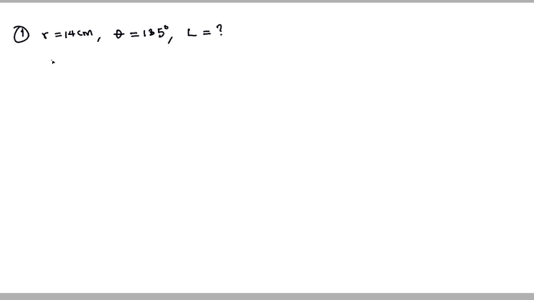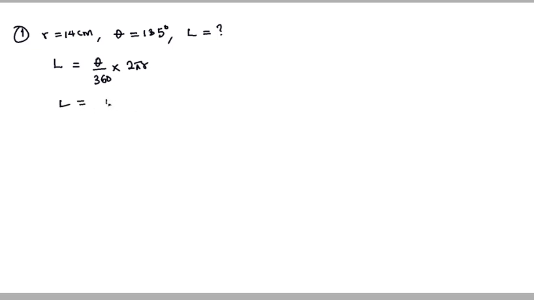The length of the arc, let's say L, is simply equal to theta over 360 times 2 pi r. So plug in what you have as your parameters in the formula. So my L becomes equal to, what is my theta here?